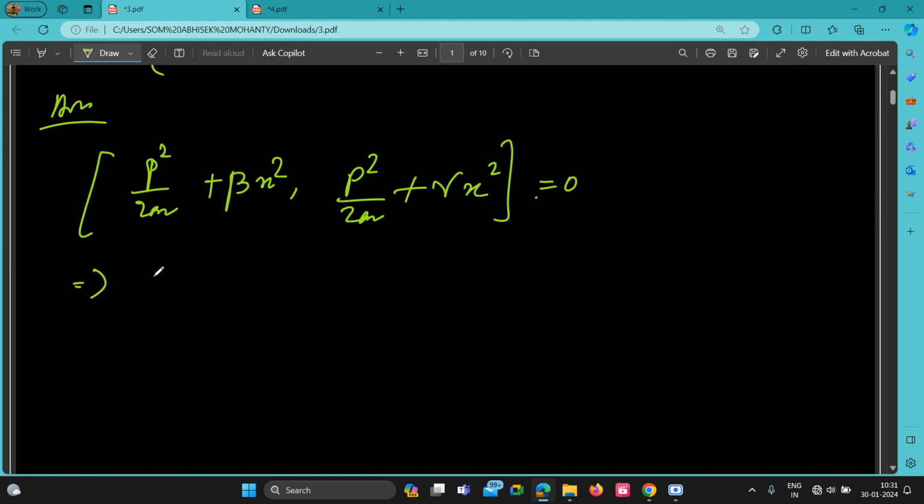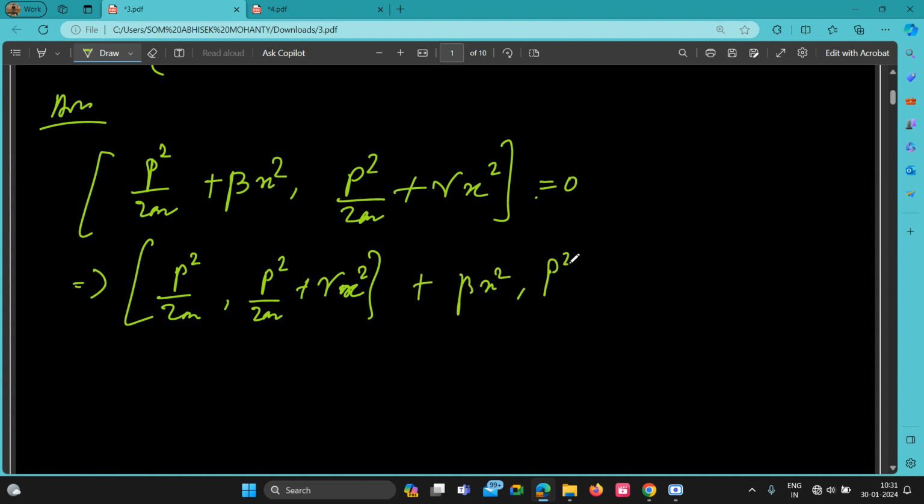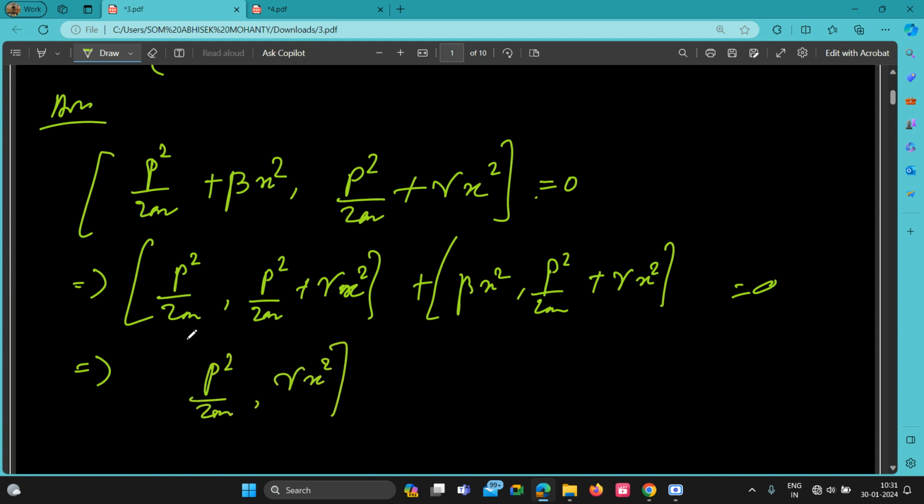So let's do it. p squared by 2m with gamma x squared, plus beta x squared with p squared by m. So these two will come in. So we can write p squared by 2m will be going with this, and beta x squared will be going with this, equal to 0.